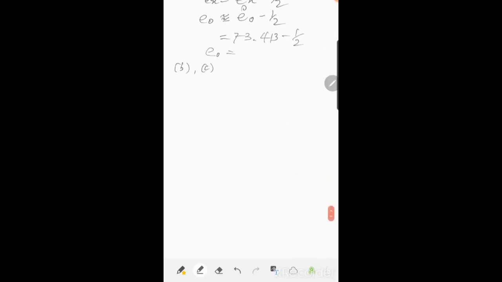Now we'll look at important formulas that we need to know. These formulas are very important because we will be applying them in questions, and we need to find what the question is asking about.